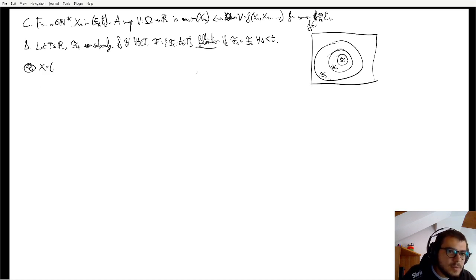So consider X to be this collection here, and define Ft to be the sigma algebra generated by Xs with s less than t, where s is in the index set.